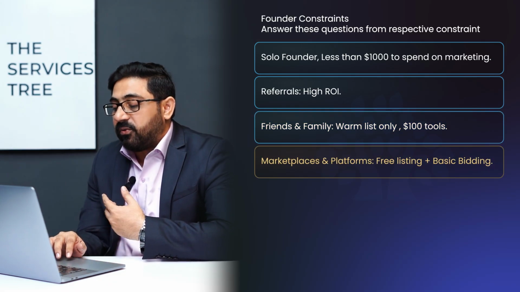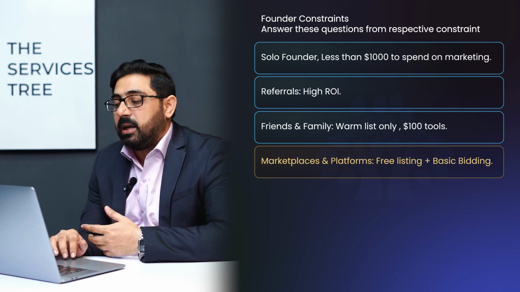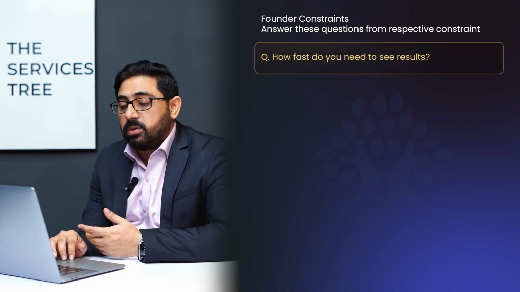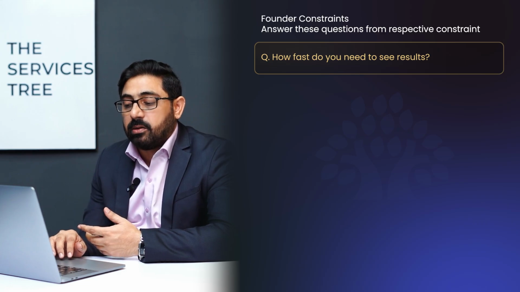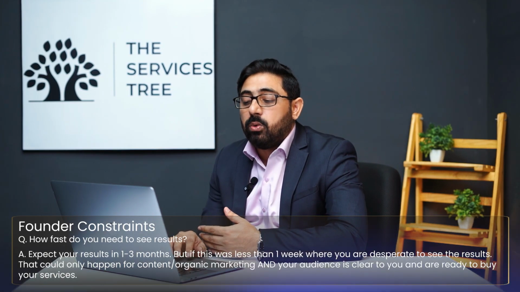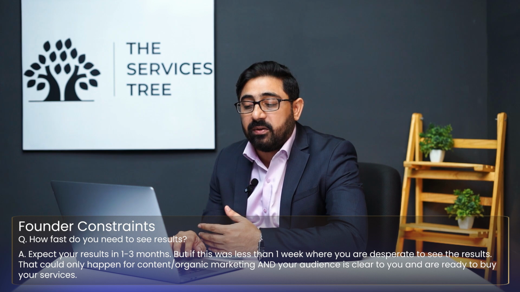You can also go for free listings and basic bidding on different marketplaces and platforms. Then we talked about how fast you need to see results. If you are consistently developing your engine and maintaining it, you can expect results within 1 to 3 months, as we identified before.